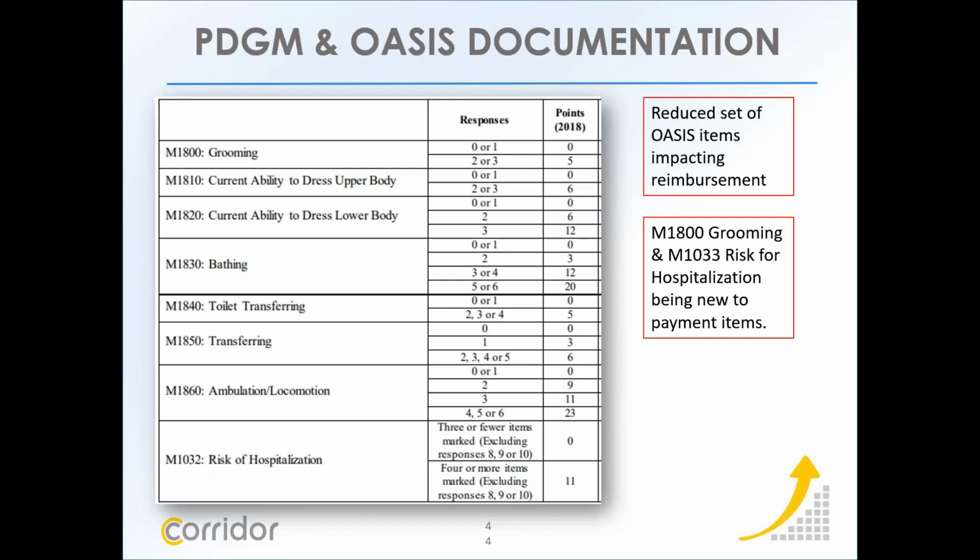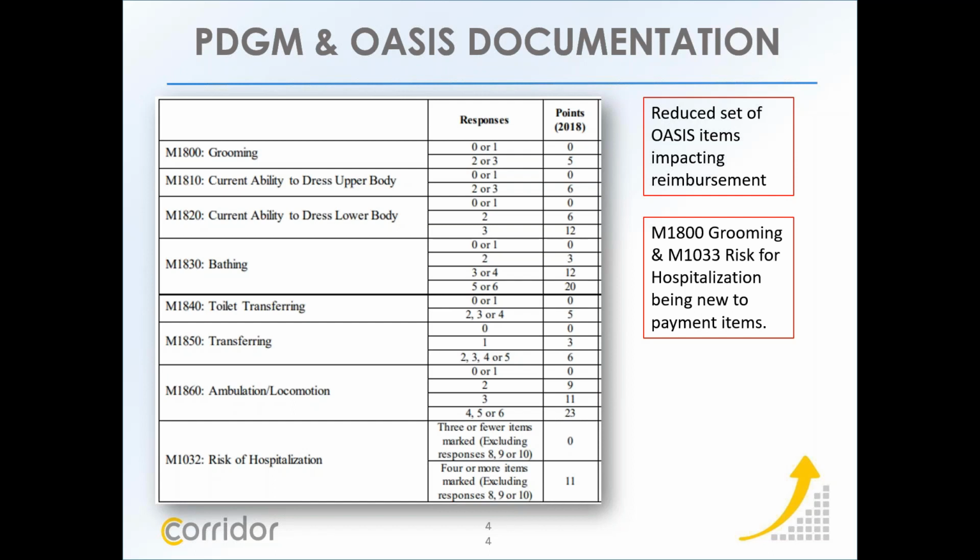You can see here that there will definitely be some reduced amount of OASIS questions that will impact payment, because as we know right now, things like therapies in the home and wounds and pain and dyspnea all kind of play a role in our calculation.